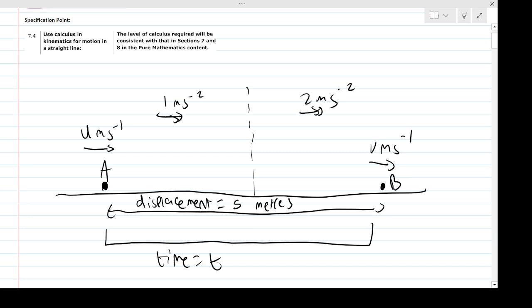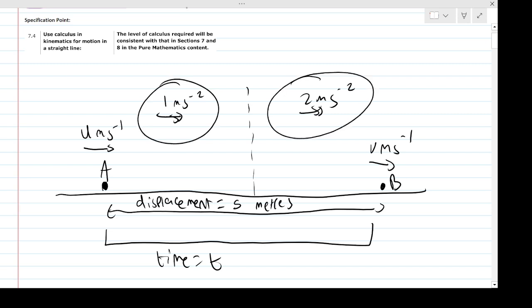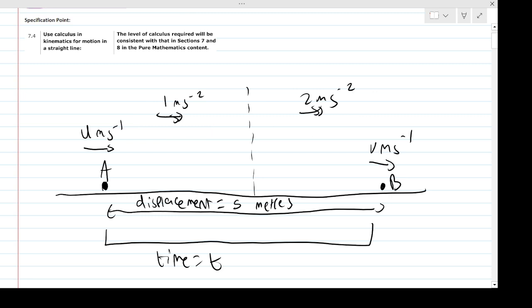When the acceleration is 1, we apply Suvat, and when the acceleration is 2, we apply another Suvat. So we need to consider these as 2 separate journeys, because the accelerations are different. We might just have to double our workload, but we can still solve it. Just do Suvat twice if we need to.